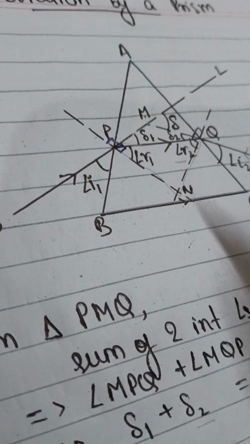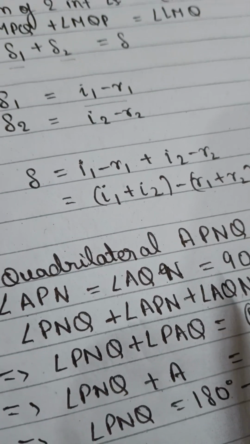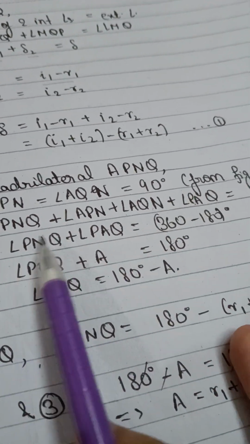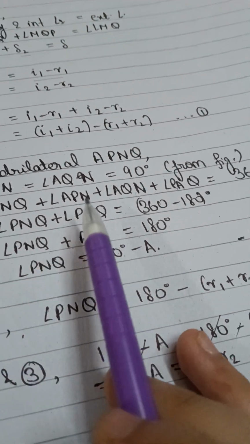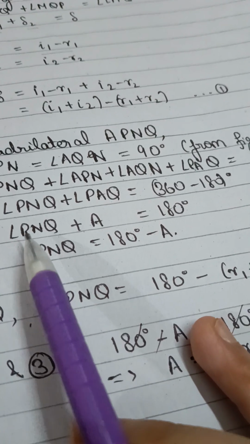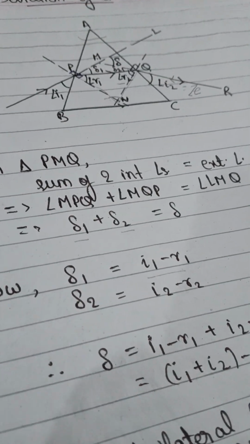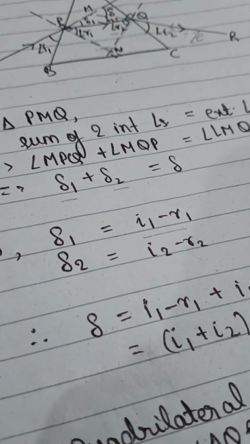Now keeping the angle P and Q, this angle, as the focus, we substitute the values. All the angles 360 degree, then these two angles we knew, so minus 180 degree, and this angle is angle A, the refracting angle. Let me verify the name.